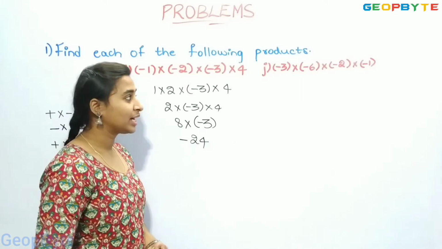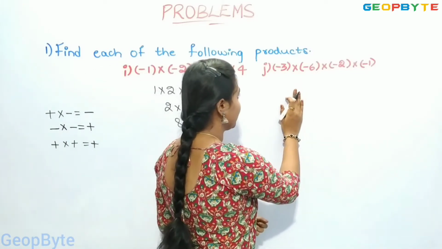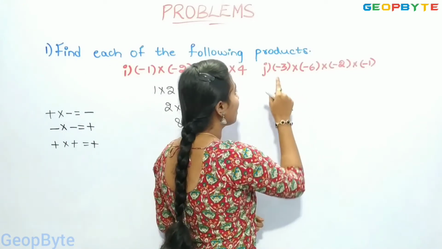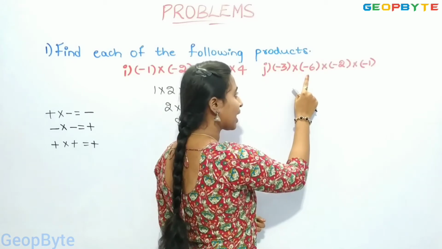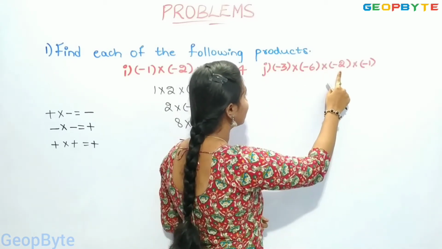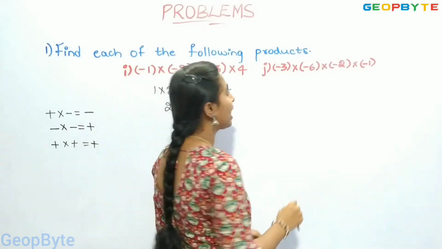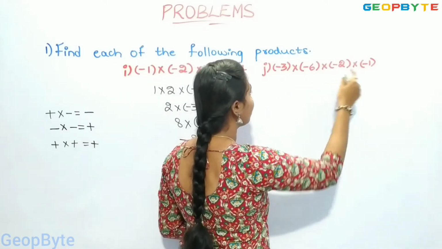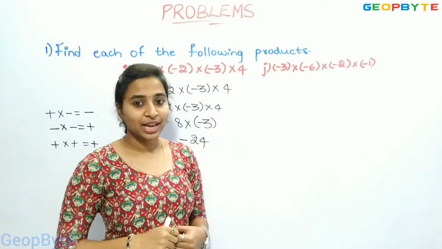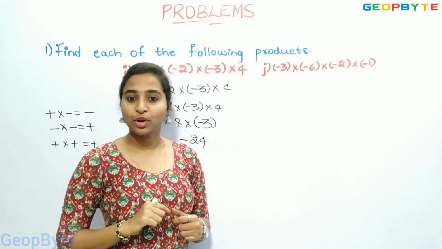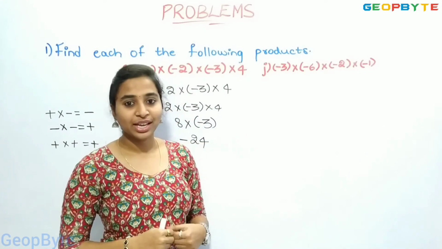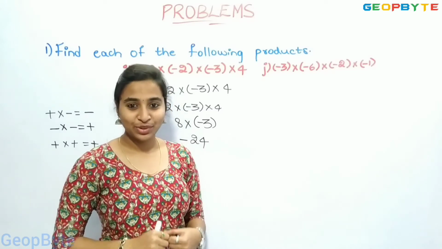Right? Now, let us see this question. Here we have minus 3 into minus 6 into minus 2 into minus 1. That is, here we have 1, 2, 3, 4 minus signs. That is, even number of minus signs, we will get answer in positive integer.